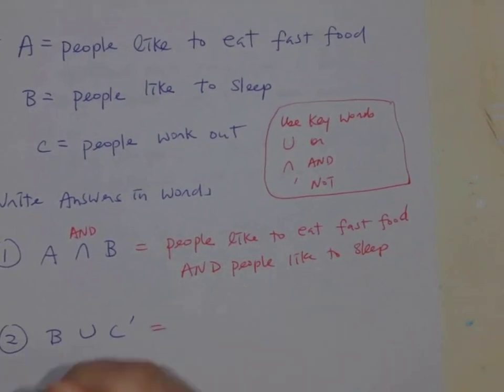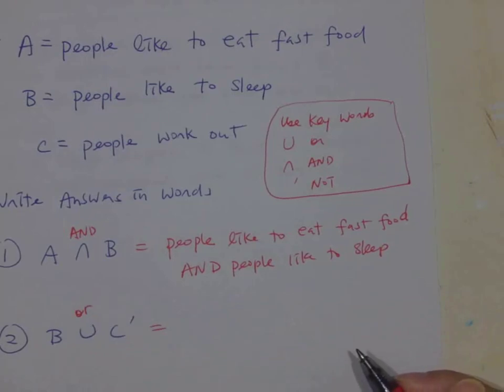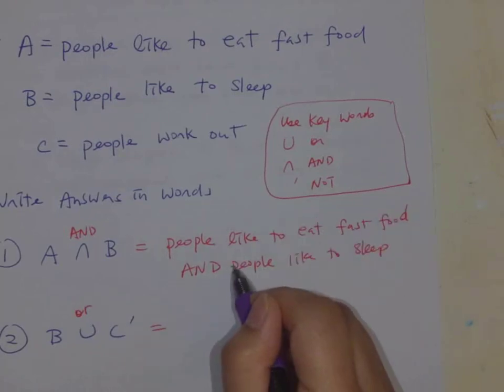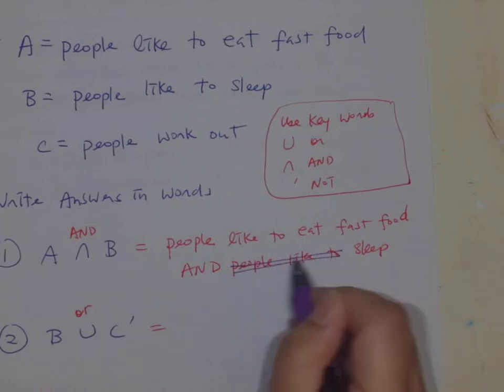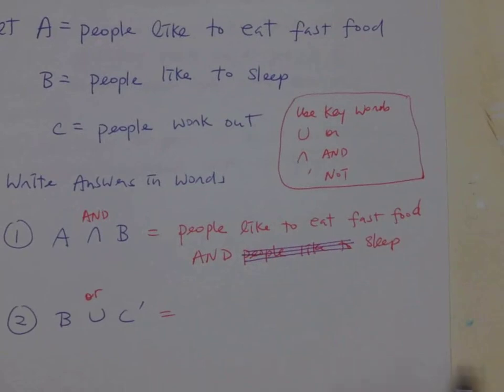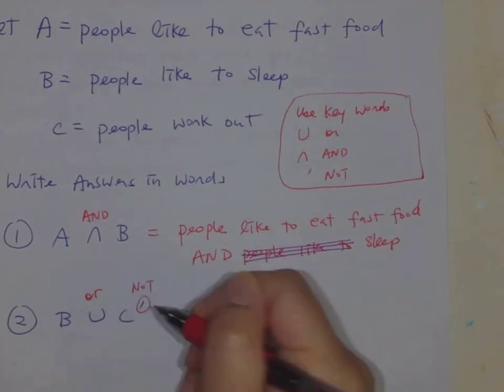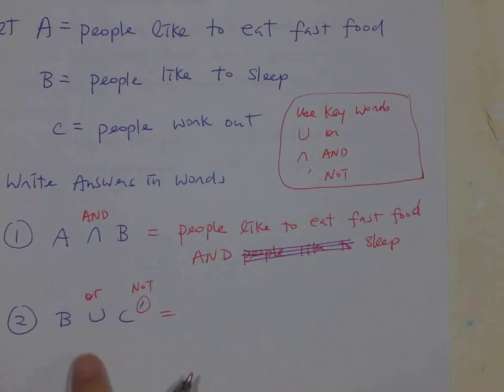And the second one we have or, right? So you can actually say people like to eat fast food and sleep. So it has to fit both of the conditions, right? So you can omit that part. This is or, and then this part is not, right? So people like to sleep, or this is work out but not, right?